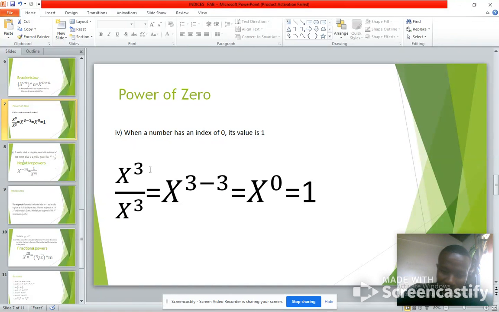As you can see from the screen there, we have an integer which is x raised to 3, which finally resulted to x raised to 0, and that eventually equals 1.